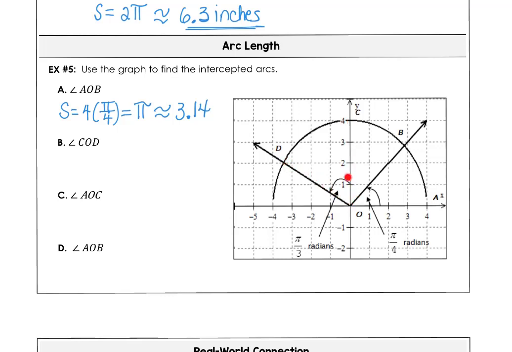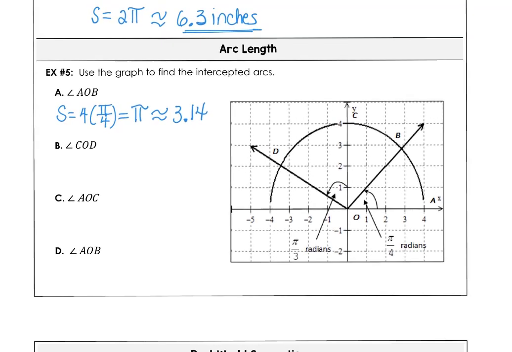So angle COD, so COD is over here, and our angle is pi over 3. So we can put that together. So the radius is 4, and the angle is pi over 3, which makes the intercepted arc 4 pi over 3. And using our calculator would be 4.19 units.